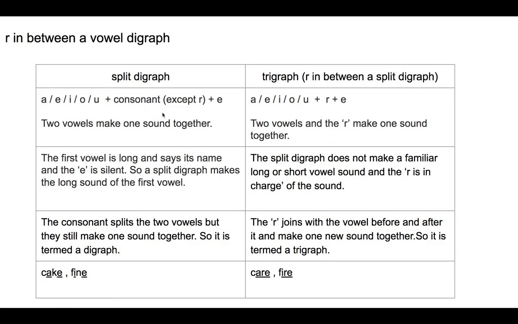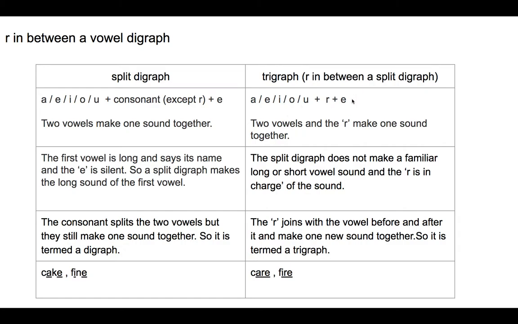The consonant splits the two vowels, but still they make one sound together, and so it is termed a digraph. For example, k, ei, cake, f, ine, fine. Now let us see when this consonant is R.